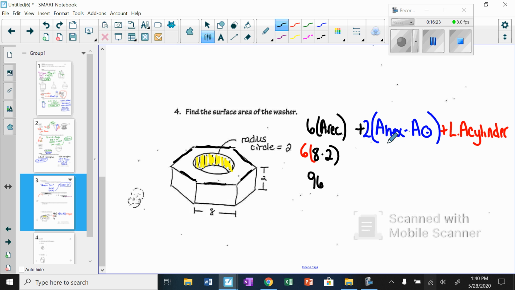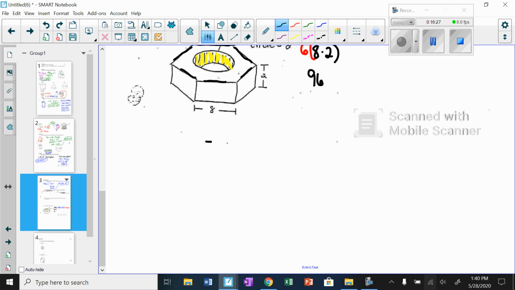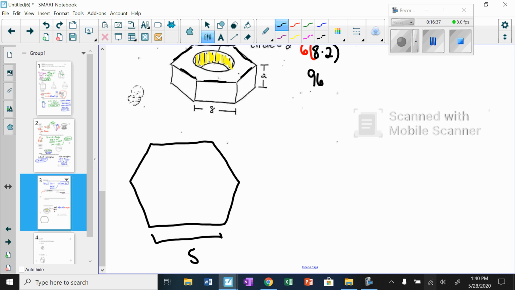Now this is the hard part, the area of the hexagon. Now remember, this is a regular figure with a side length of 8. And because it's regular, it's going to be half the apothem times the perimeter. So remember how we figure out the area of regular polygons. We draw in all radii to the vertices.